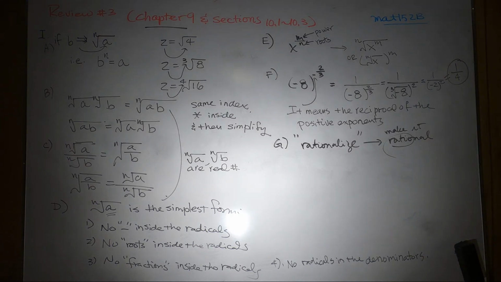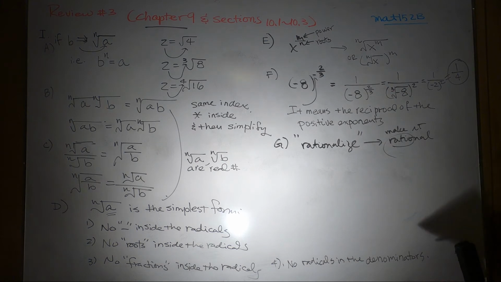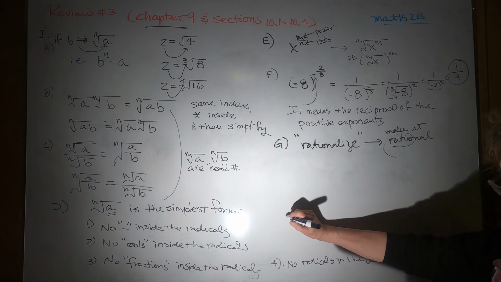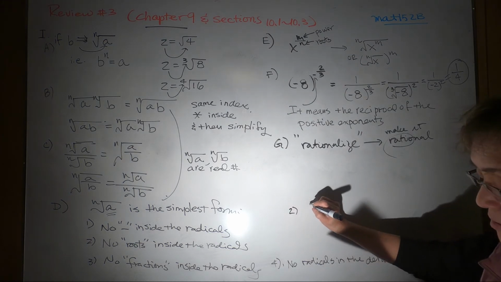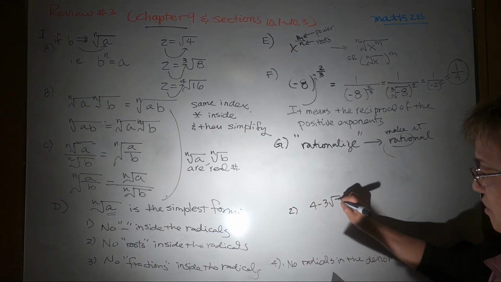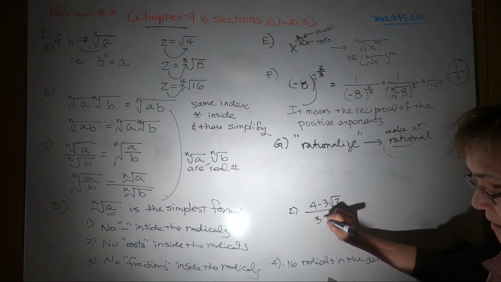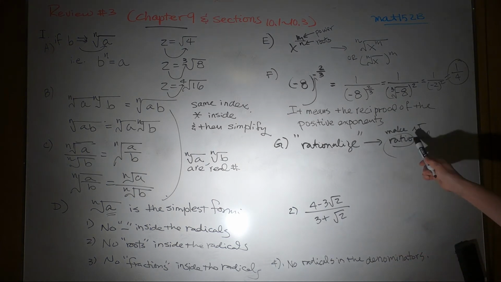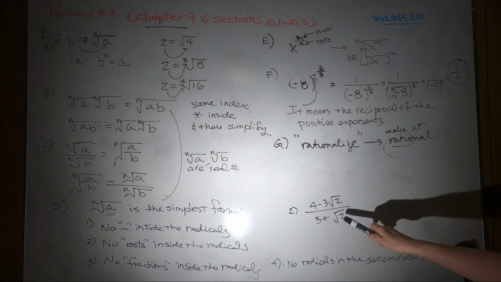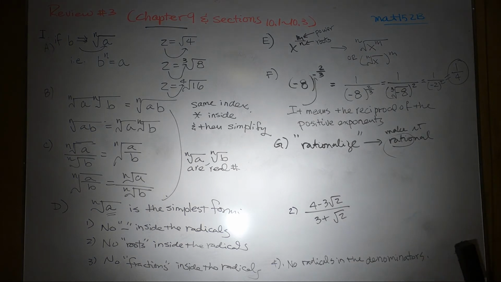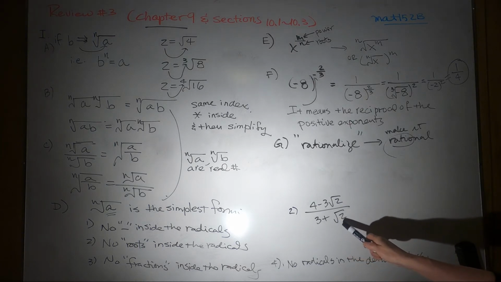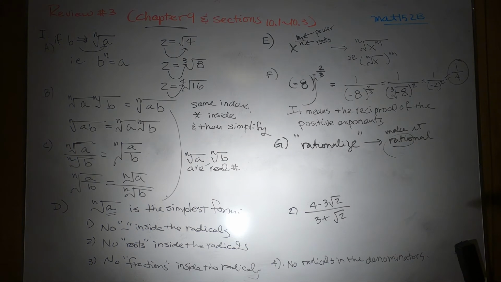When you do the division, on the bottom you have this one, 4 minus 3 square root 2 to 3 plus square root 2. Then rationalize means make it rational without crazy numbers. No radicals in a denominator. That means we don't want to have radicals in the denominator.